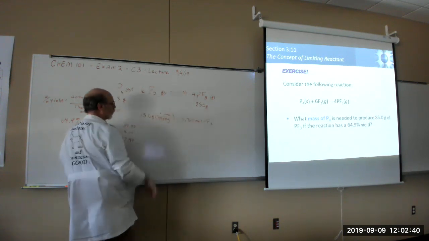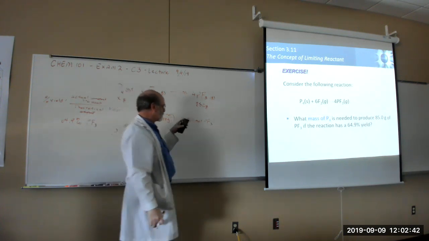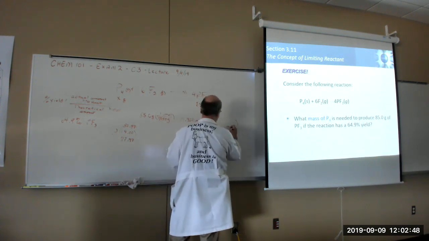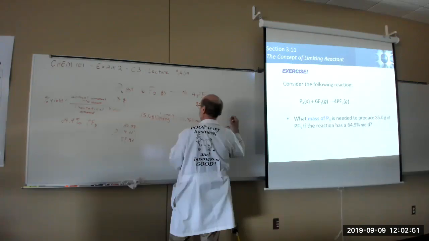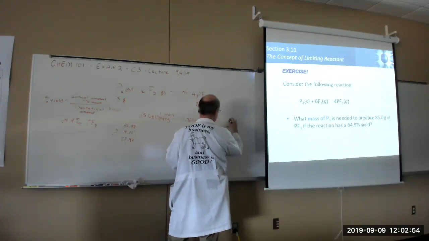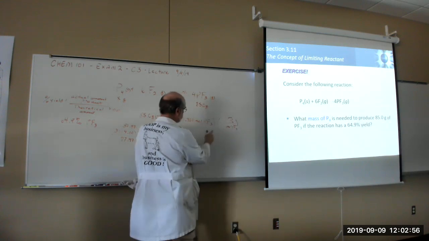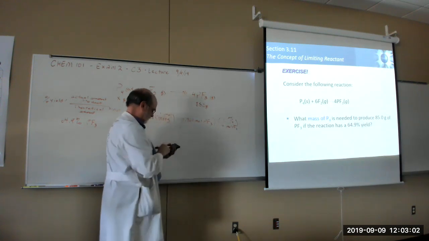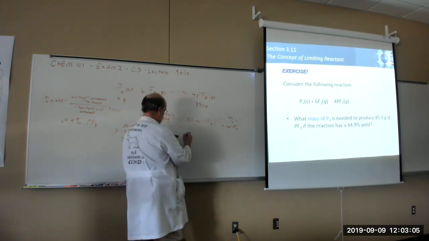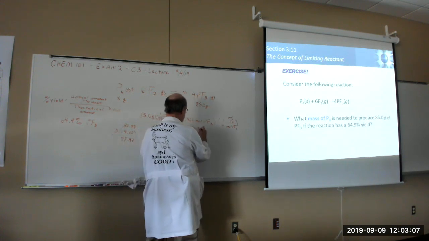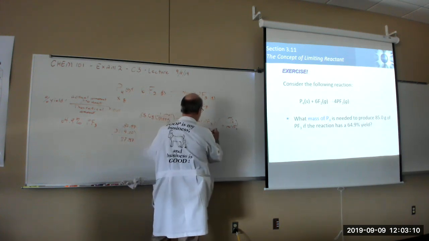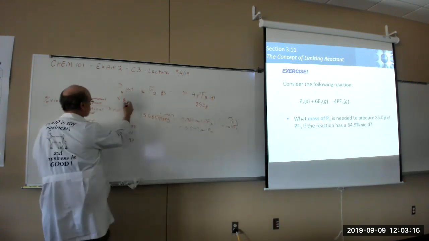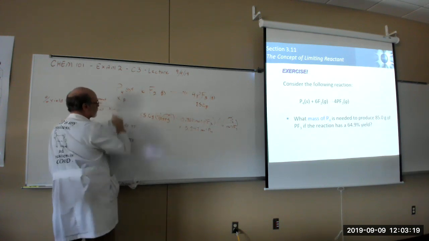How many moles of P4 are required to produce that many moles of PF3? So for every 4 of these, you need 1 of those. So divide 4 into this, and you get 0.242 moles of P4, because that cancels that. So that's how many moles we have over here, and we want to find grams.